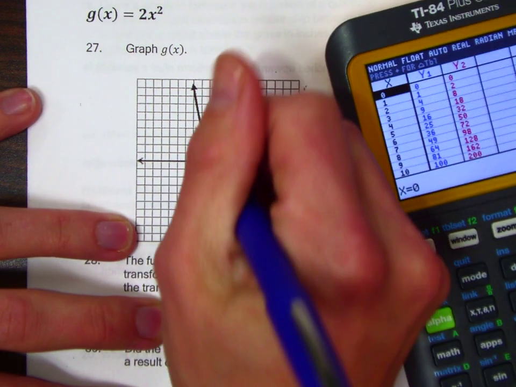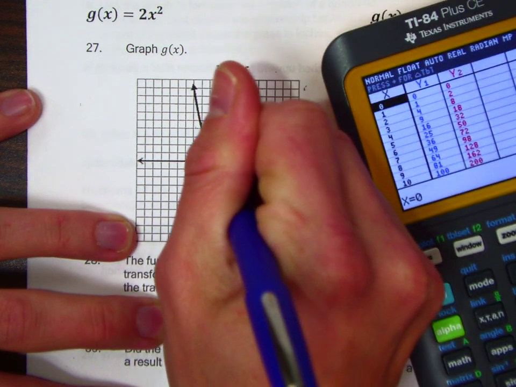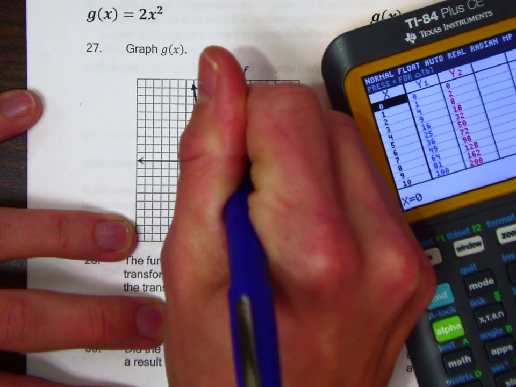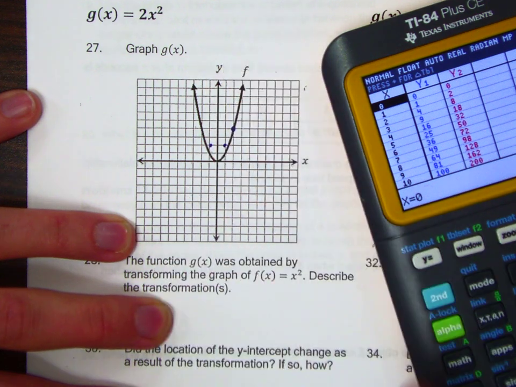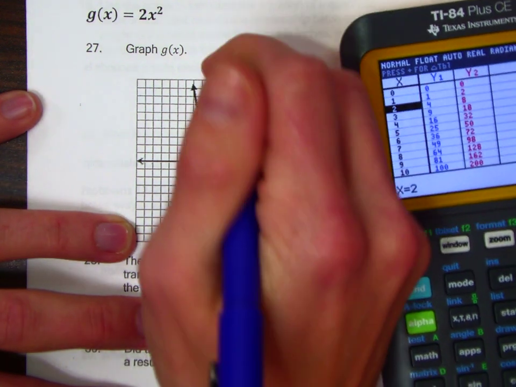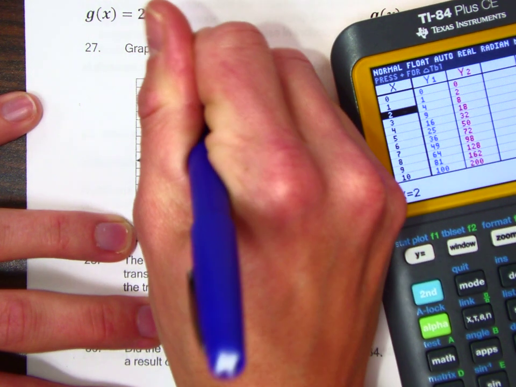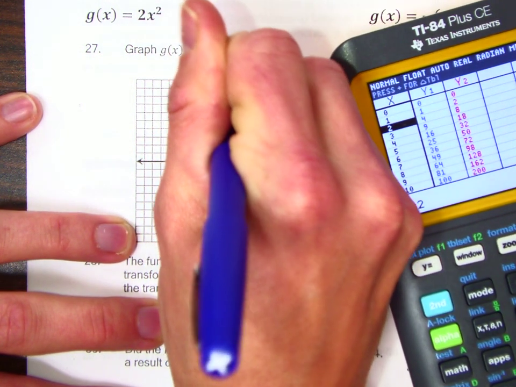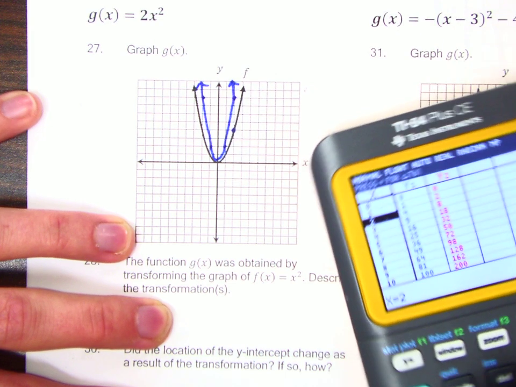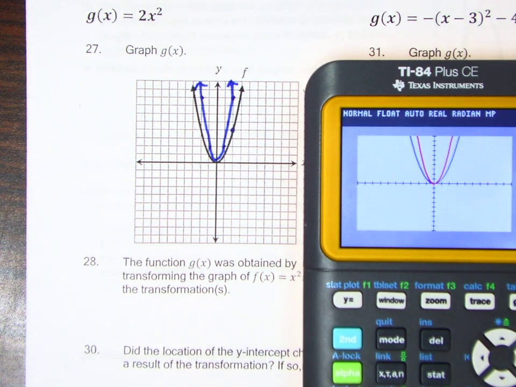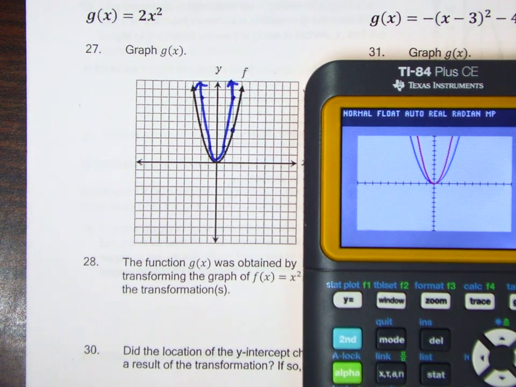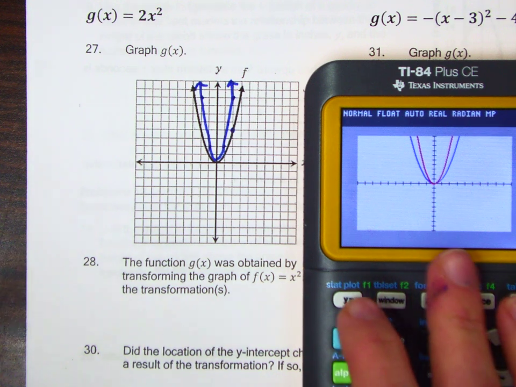All right, so I got 1, 2, 1, 2, 3, 4. Oh, wait, no. Not 4, 8. 5, 6, 7, 8. All right, so my graph is looking something like this. Kind of ugly, but you can kind of see. That's getting a little bit skinnier.